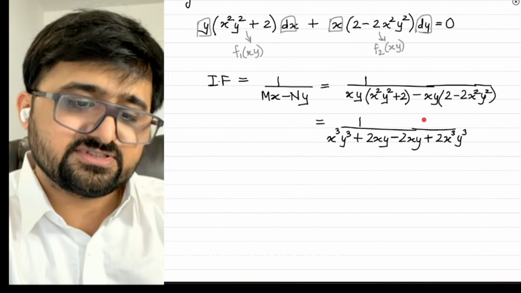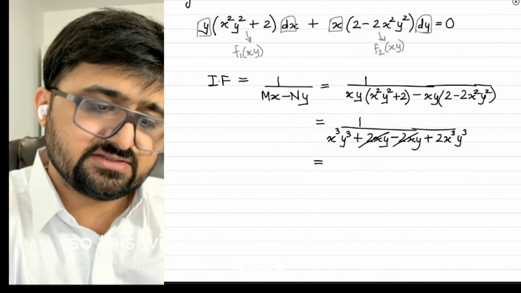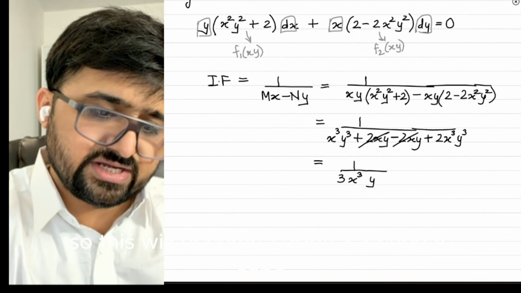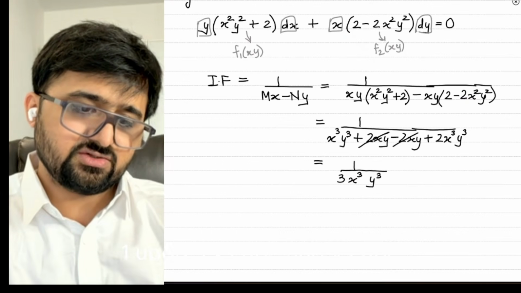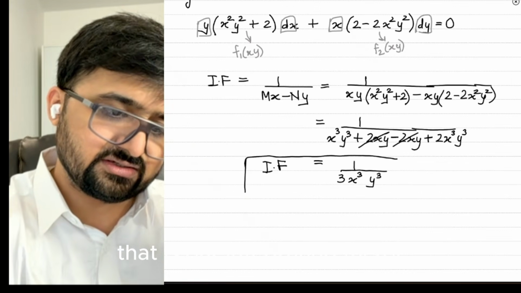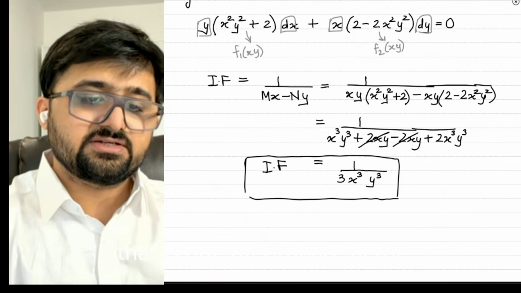This xy term times this and this will get cancelled. So this will become 1 upon 3x³y³. That is our integrating factor.